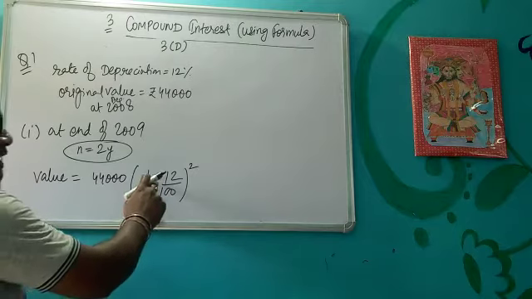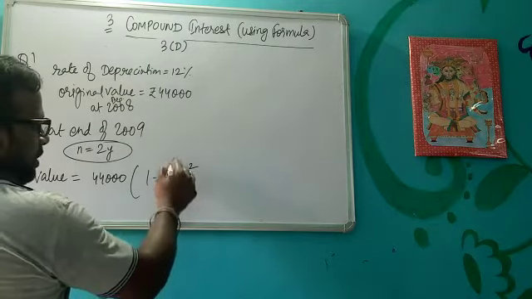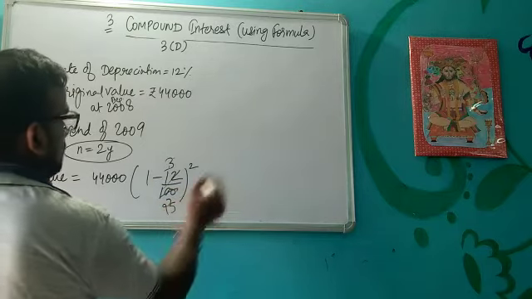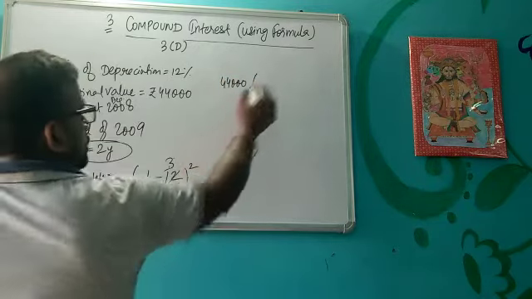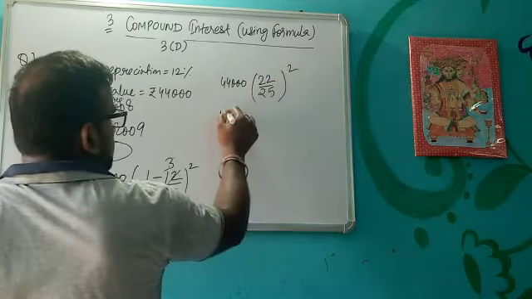Because it is depreciating, we have used the minus sign, and the time is 2 years. So it is 44,000 into (22 upon 25) whole squared.